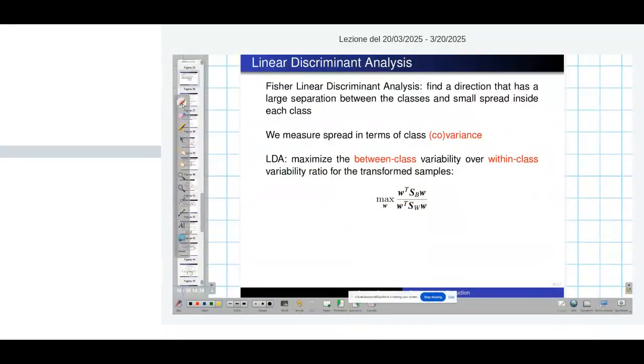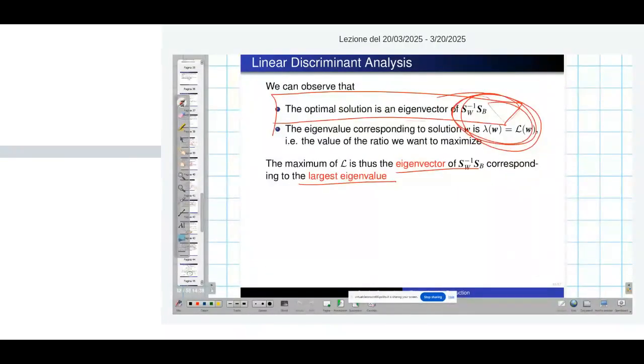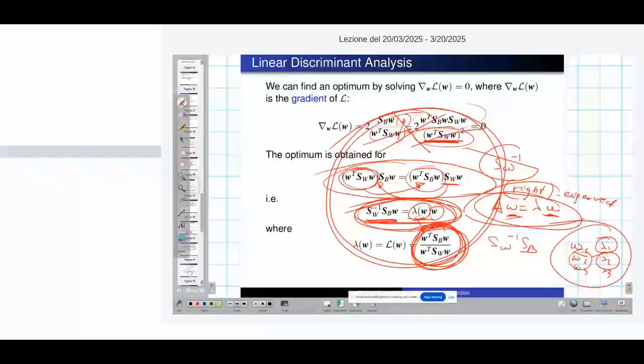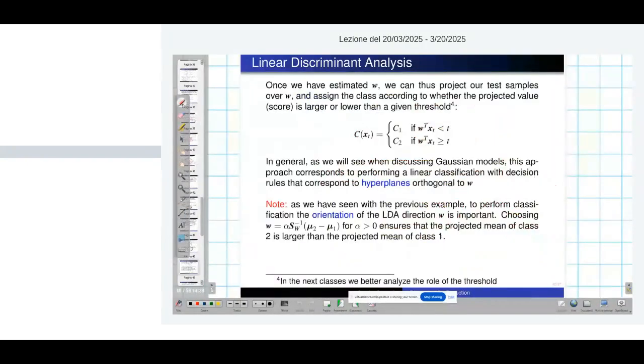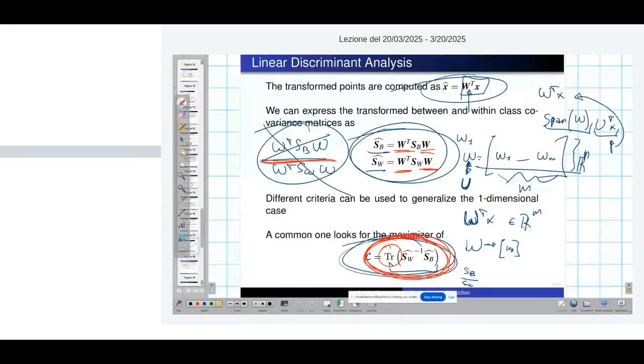Then we have seen that we can extend the method to perform dimensionality reduction by looking for multiple directions, rather than one direction. In this case, we need to define a criterion that defines which directions we will pick.